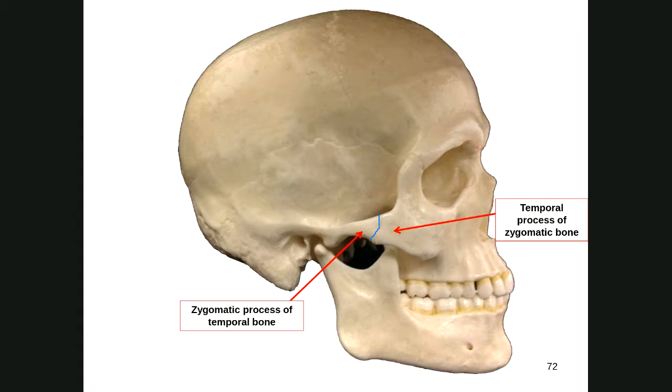You should never have the same name twice in your answer, meaning you should never say the zygomatic process of the zygomatic bone. You should not have that. Or the temporal process of the temporal bone. You should remember, you name the process to which the temporal bone is articulating with.